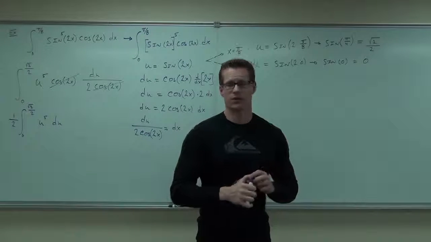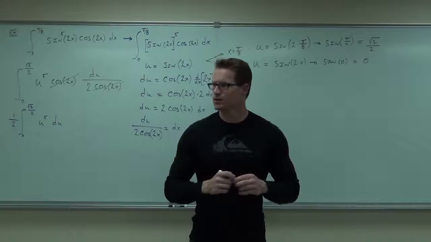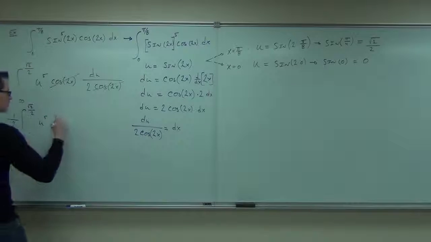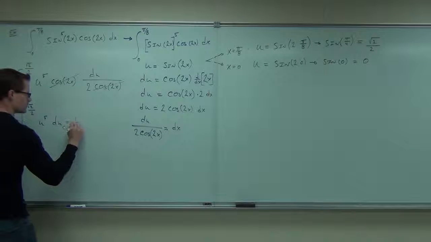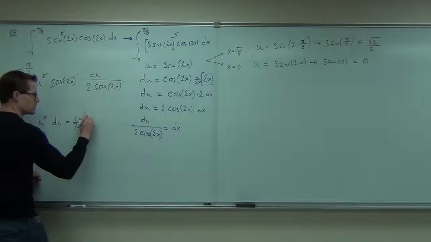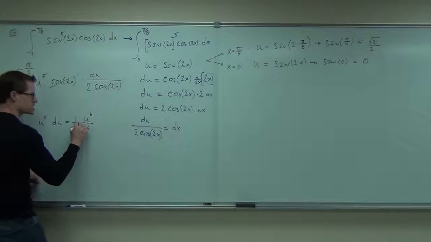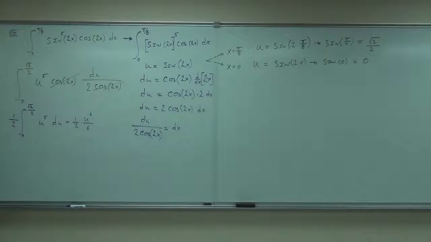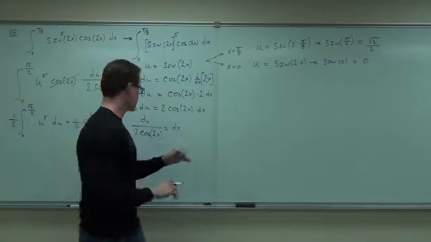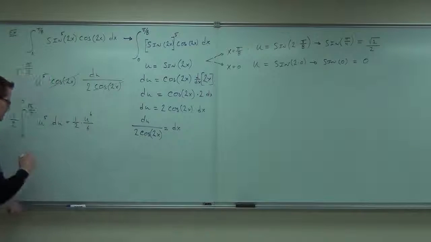The numbers you have to plug in aren't all great, but that's okay. Just plug them in. So take our integral, we're going to get, don't forget about that 1/2, 1/2 u to the 6th over 6. I'm going to make this nice and neat before I evaluate. I'm going to get u to the 6th over 12.